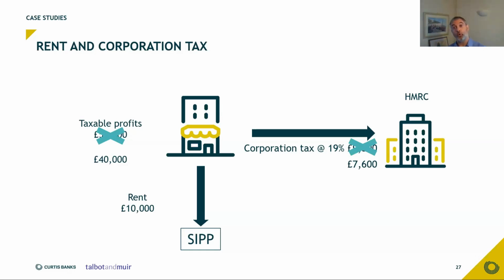Well, now they're also paying £10,000 of rent, which should be an allowable deduction. So we're now getting £70,000 of pre-tax revenue out of the company and into the pension. So £70,000 of revenue without liability to corporation tax, national insurance or income tax. 70,000 into the pension, despite the fact that the annual allowance is only 60,000.